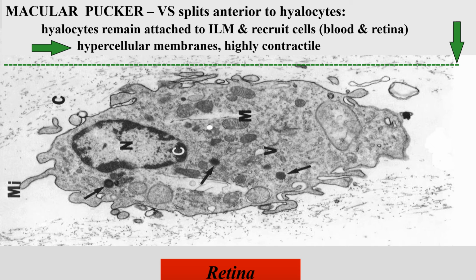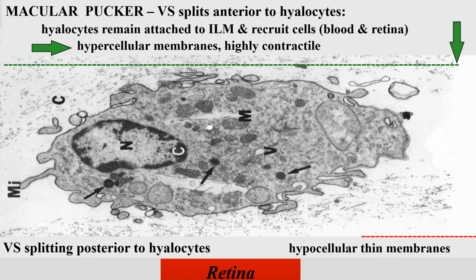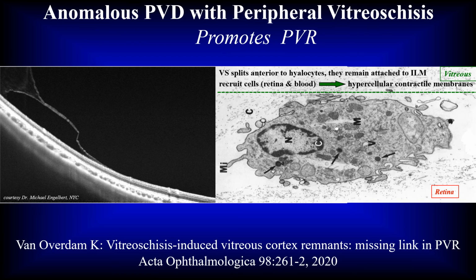These migrate and then proliferate to form a hypercellular membrane that is highly contractile. If, however, the split occurs posterior to the level of the hyalocytes, these cells pull away from the retina along with the rest of the vitreous body, and only a hypocellular thin membrane results, and thus this does not promote either macular pucker or PVR.